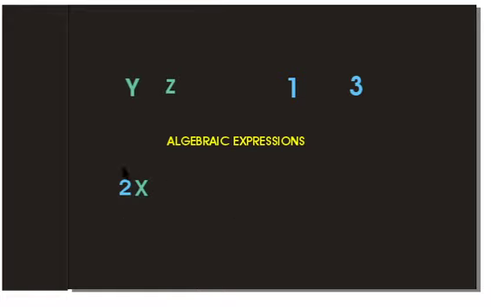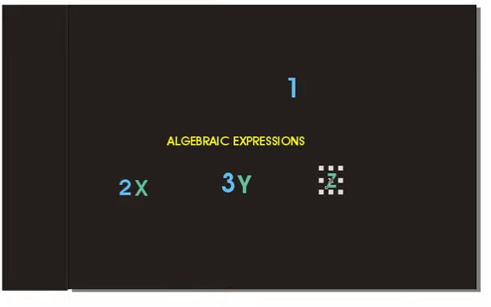This 2x is called an algebraic expression. Same way, if you combine y with 3, it becomes 3y. This itself is called an algebraic expression. Or simply z alone is also called an algebraic expression.